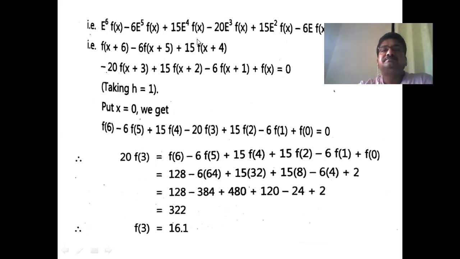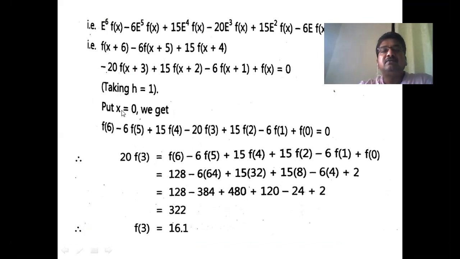Then E^5 f(x) is f(x plus 5), E^4 f(x), E^3 f(x), E^2 f(x), and E f(x) is f(x plus 1), and f(x), taking h as 1, obviously. Then put x equal to 0?